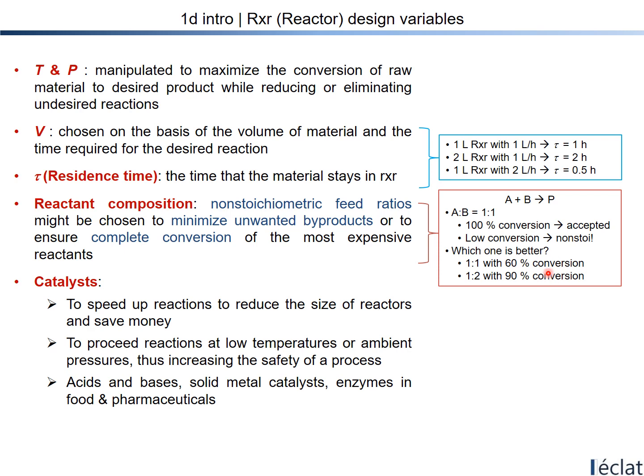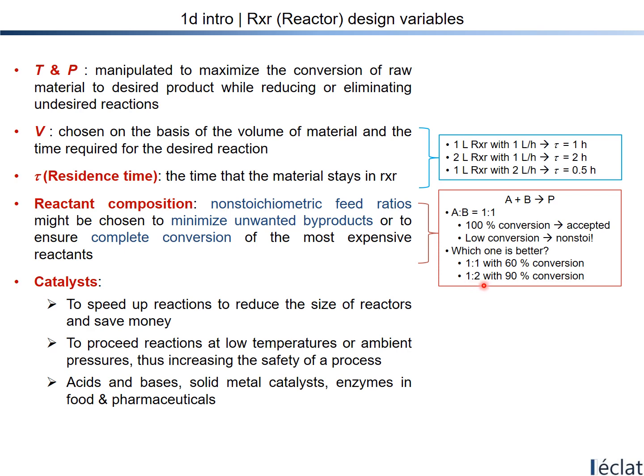Here are two situations. You have used 1 to 1 for A to B, then you have obtained 60% conversion. In the second situation, you have used a non-stoichiometric feed ratio, like 1 to 2.